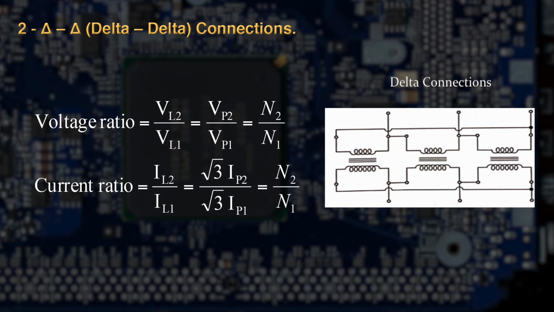And if you want to write the ratio of current, that means the current ratio can be written as the ratio of line current to line current, that is IL2 upon IL1, and line current in case of delta connection is equal to root 3 times the phase current. So this current ratio can be written as IL2 upon IL1 is equal to root 3 IP2 upon root 3 IP1 is equal to N2 upon N1. Just you have to remember all these formulas.